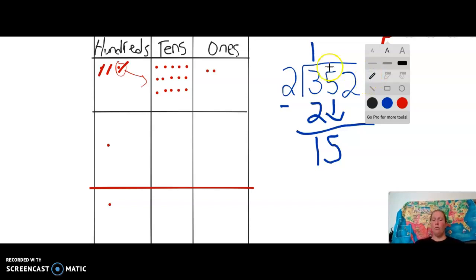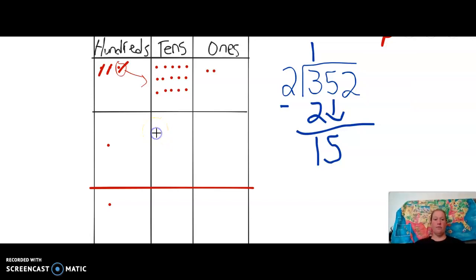Well, 15 is an odd number, so 2 will not go into it evenly, but what's the closest we can do? 7, because 7 times 2 is 14, right? So almost 15. 1, 2, 3, 4, 5, 6, 7. Don't forget to cross off.